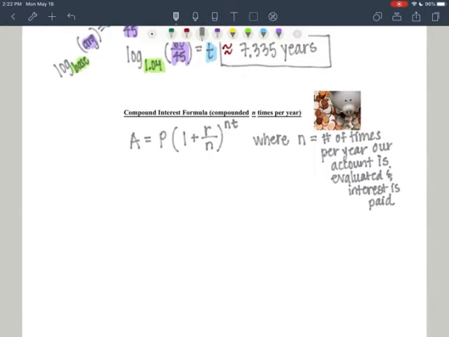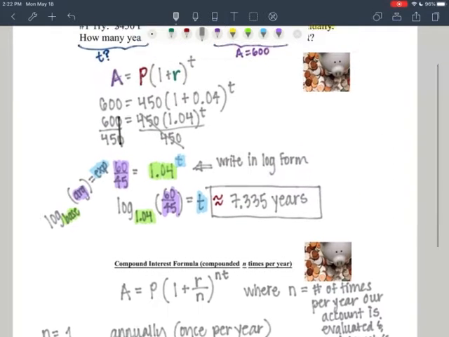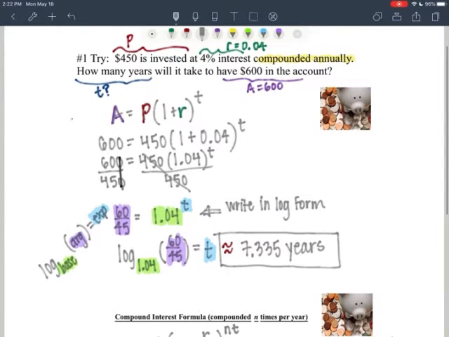If it's once per year, so if N equals 1, that would be called annually. Annually would be once per year. And you can see if we put a 1 in for N, we end up with the formula that we used in our last problem.